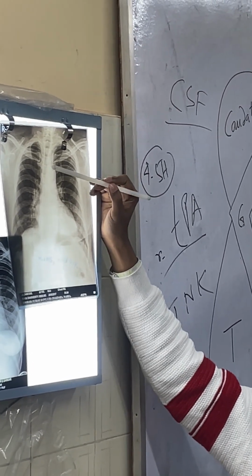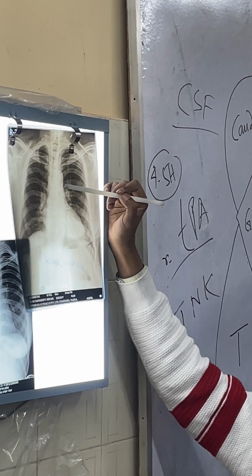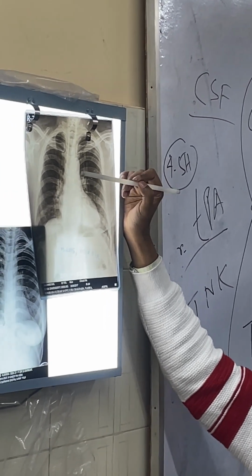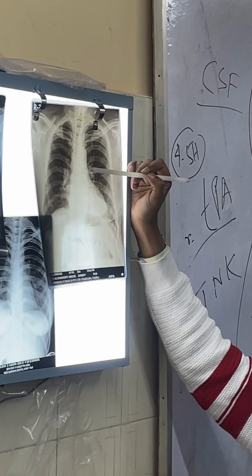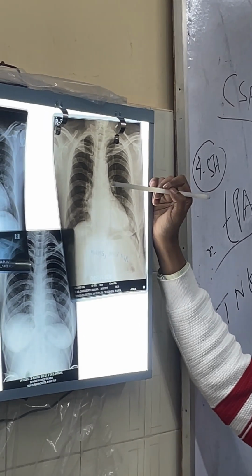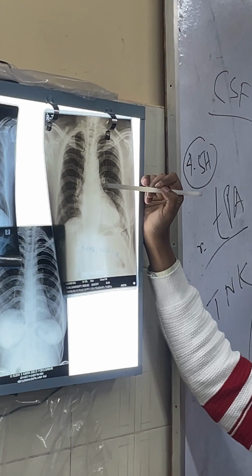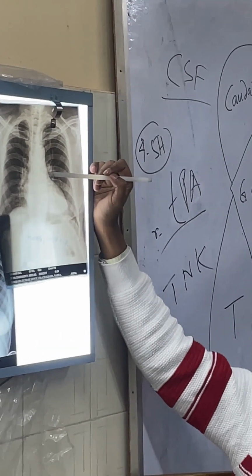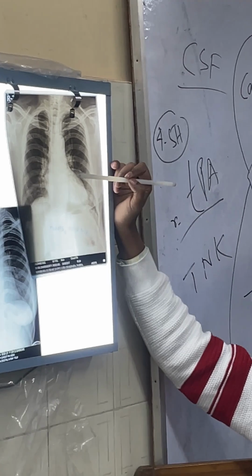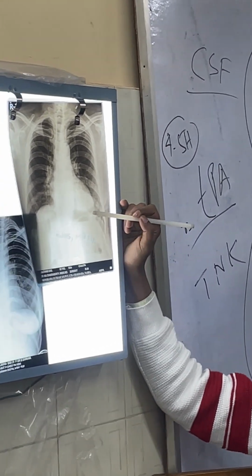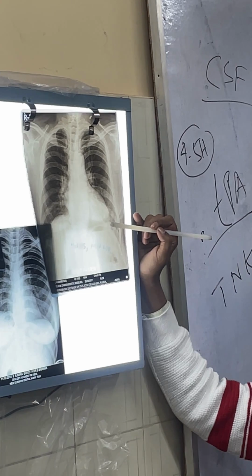In the left border of the heart, the first structure is the aortic knuckle, and here is the pulmonary artery. Then this is, we all know, the left atrium, that is the appendage part or lingular part. Then this entire part is the left ventricle, which forms the cardiophrenic angle with the diaphragm.